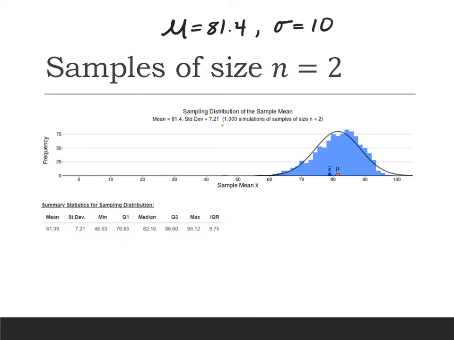In fact, we've done 1,000 simulations of just taking 2 out at a time and finding the average. Randomly selecting 2, taking the average, putting them back in, taking 2 more, finding the average, putting them back in. And as you can see, it's kind of hard. It's only probably 1, but there is a sample mean way out here to the left side.